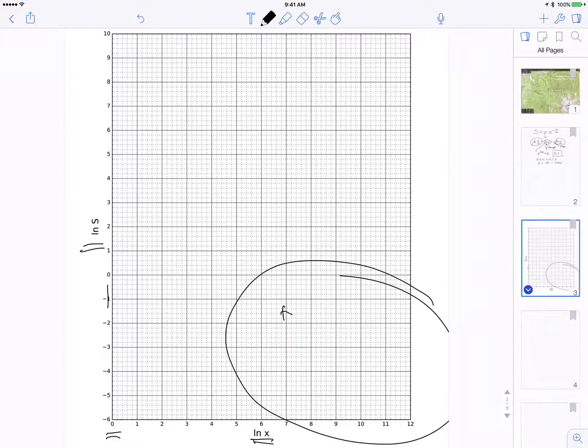So for example, we might typically have some values that look something like that.